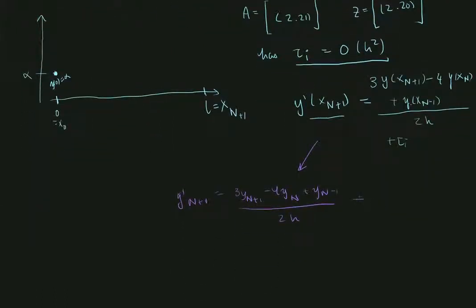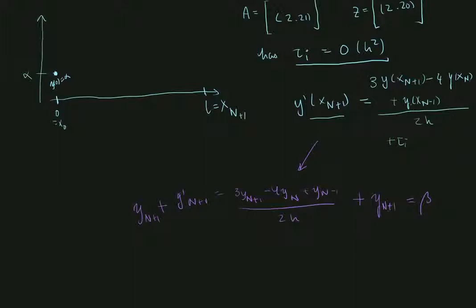I also just add the approximate value in here. So this thing has a truncation error that is big O of h squared, and this is equal to beta.